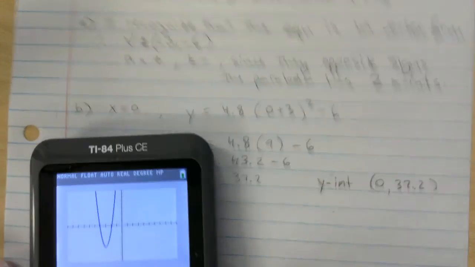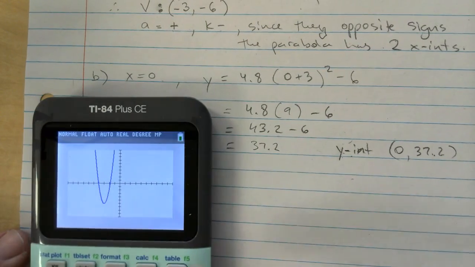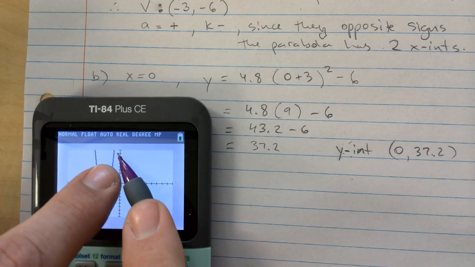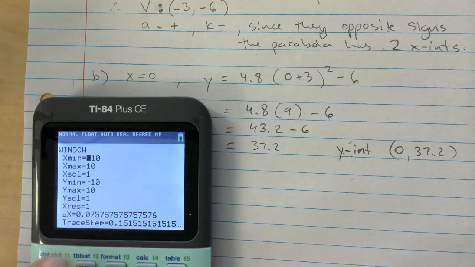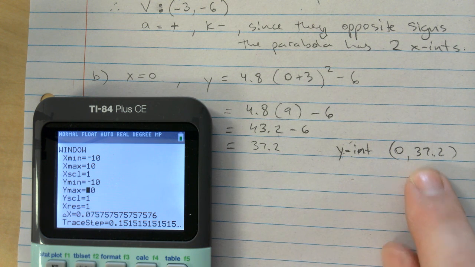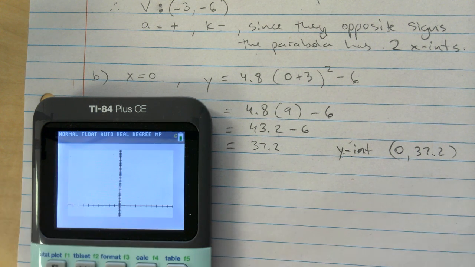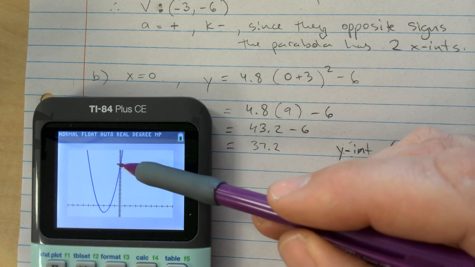Anyways, I'm going to graph again. I'm going to adjust my window so that I can see the y-intercept. So I need to go higher up, right? Y max needs to be increased. Because I know it's 37.2, I can just go to 50 or something like that as my y max, and there it crosses.